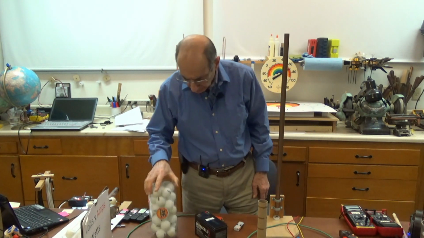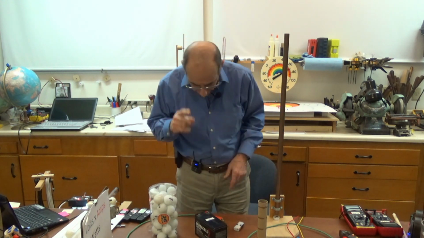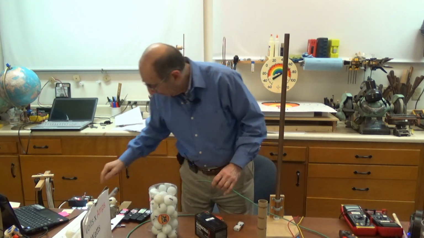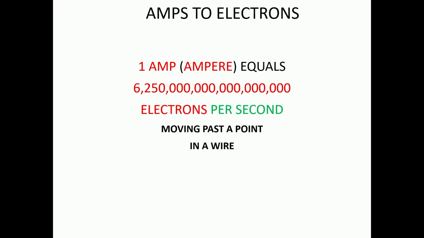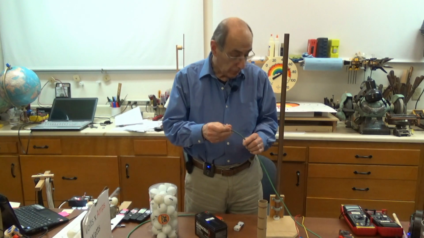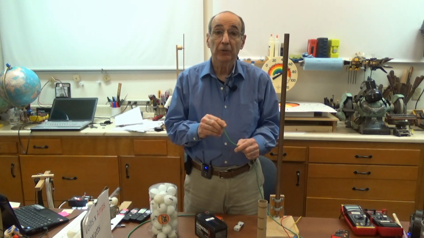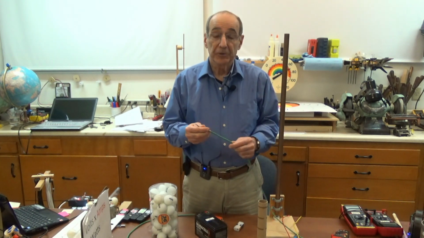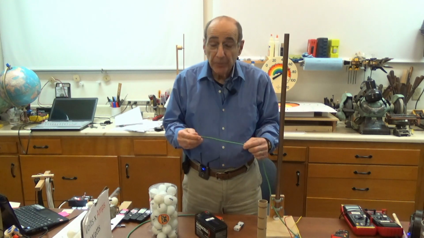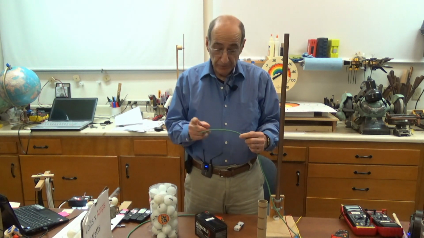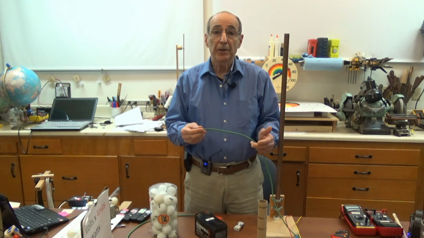What's the point? What point am I making? The point I'm making is that even though that's a huge number, the number of electrons that are available in good conductors, like copper, for example, there's so many extra electrons, they don't have to travel very fast in the wire.